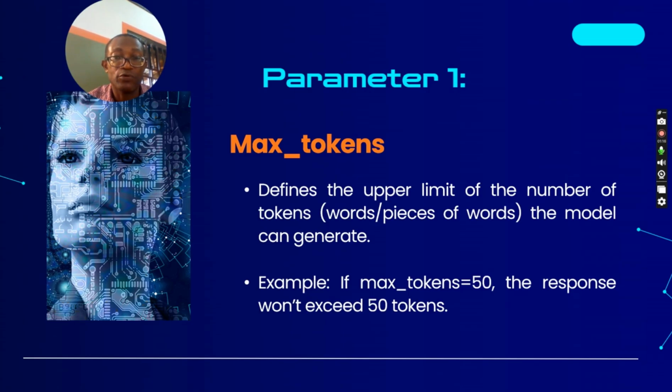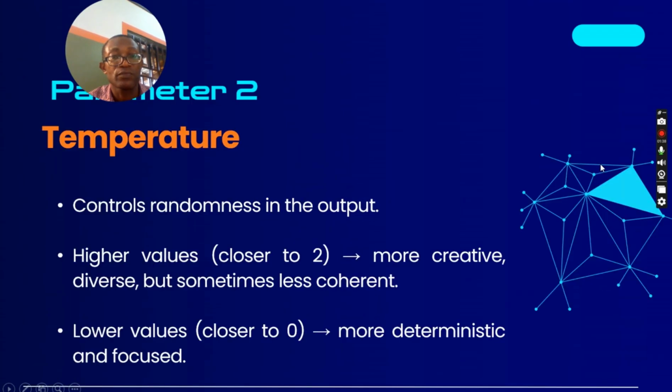For example, if a large language model has the max tokens configuration set to 50, the response wouldn't exceed 50 tokens. So this is the first parameter that you need to know, and it's very, very important in building large language models.